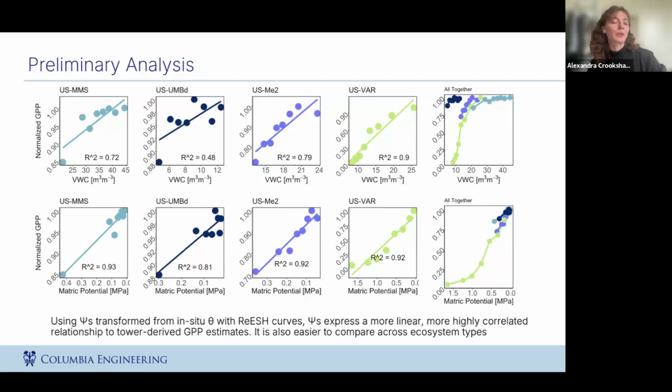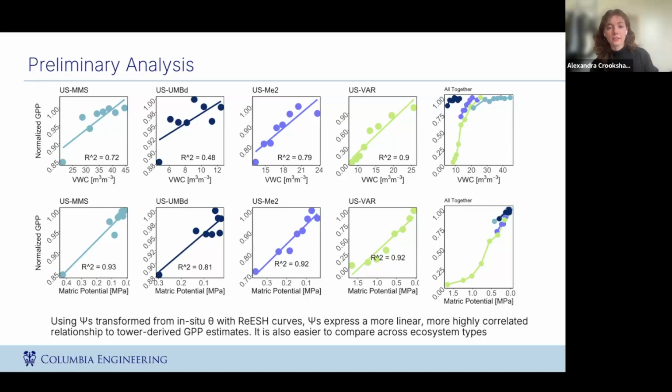In this, we were looking at tower-derived GPP estimates and in situ volumetric water content measurements, and then matrix potential measurements, which were transformed using the Reich curves.